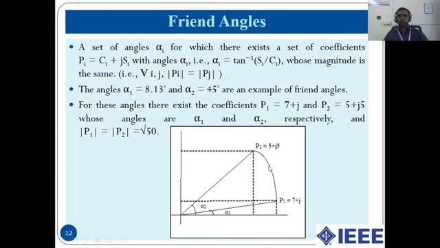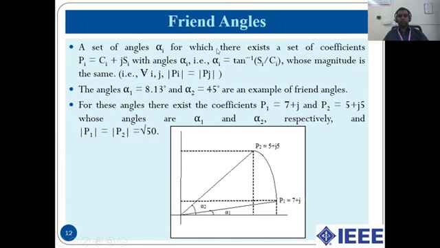However, the angles with respect to those vectors are 8.13 degrees in the first case, whereas it is 45 degrees in the second case. But their magnitudes remain the same. That is the reason we call this p1 and p2, and all such kinds of vectors whose magnitude is the same but whose angles are different.